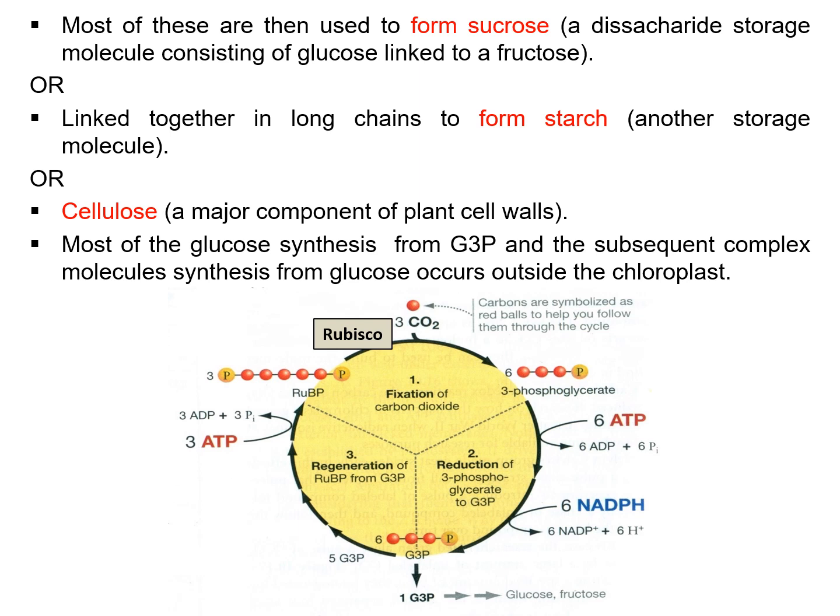This may be another storage form of molecule. Or they will form cellulose, a major component of the plant cell wall. Most of the glucose synthesis from glyceraldehyde 3-phosphate and the subsequent complex molecule synthesis from glucose occurs outside the chloroplast.